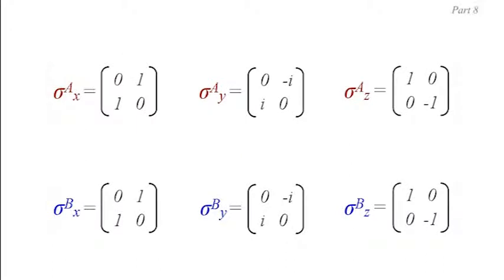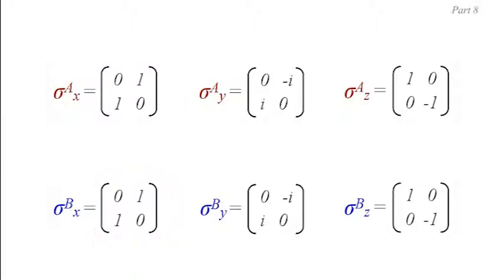This would mean that each set of the three sigmas would look identical if written in this simplistic matrix form, but they are clearly very different in the way they act. What I mean is, we'll assume that sigma AX as a matrix looks the same as sigma BX, and so on.